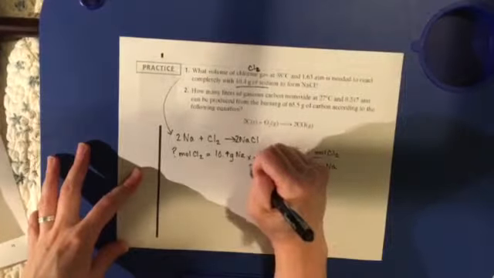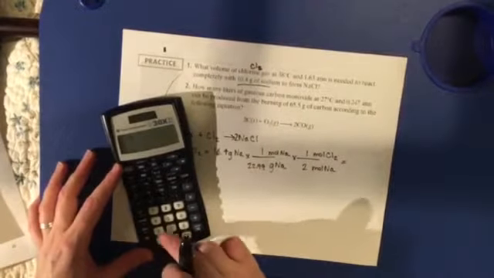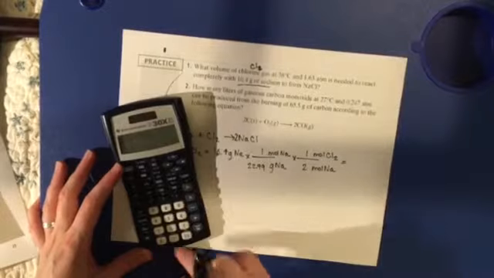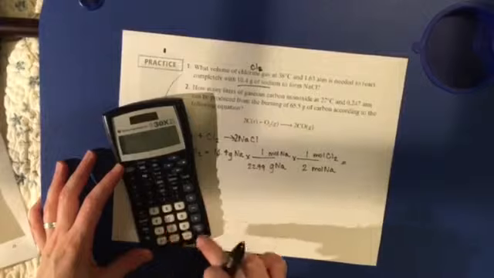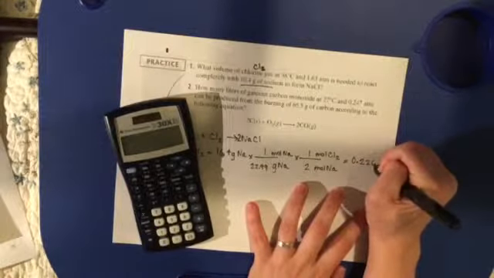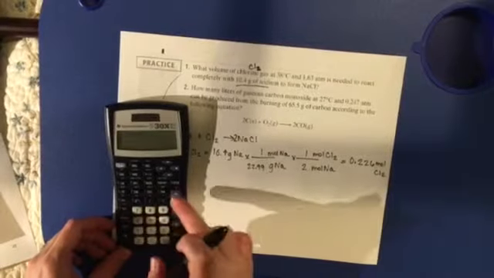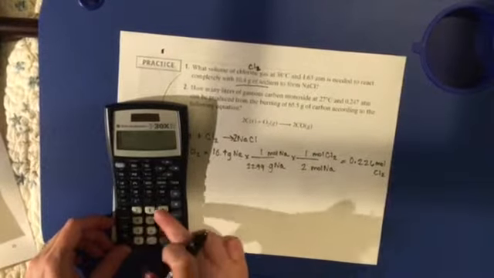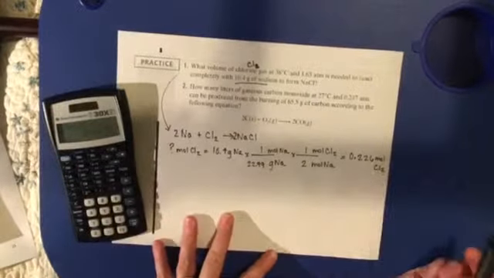Here's 1, and then 22.99 for sodium. And so I've got 10.4 divided by 22.99 divided by 2 equals 0.226 moles of chlorine would be needed to react with that. Do that one more time. 10.4 divided by 22.99 by 2. Okay, so that's how many moles of chlorine.